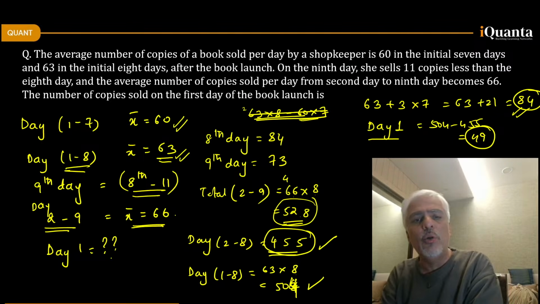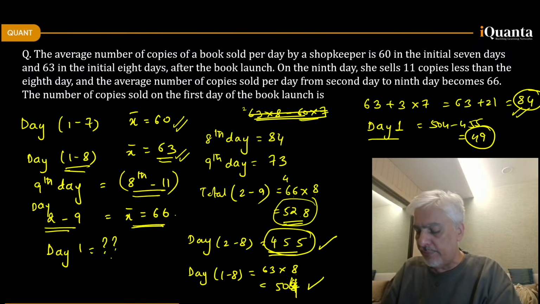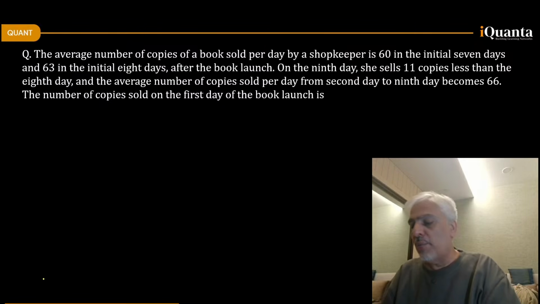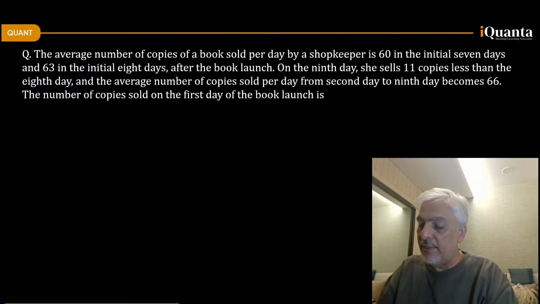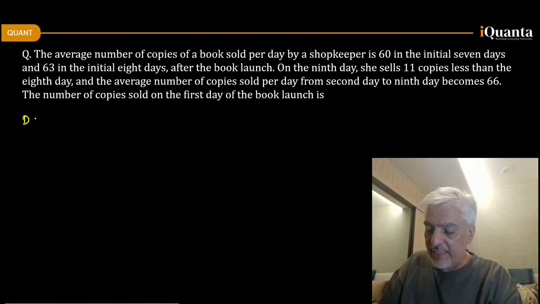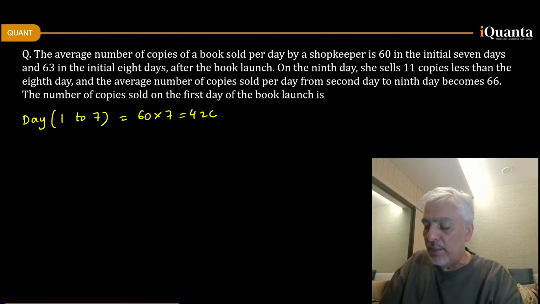Sambhavi, I'm going to explain the whole thing one more time, so pay attention carefully. I'm going to take all the data which is there with me. Average for the initial 7 days, that is day 1 to day 7, was 60. So 67s are 420 is the total.